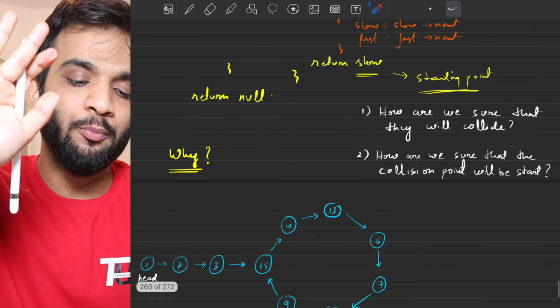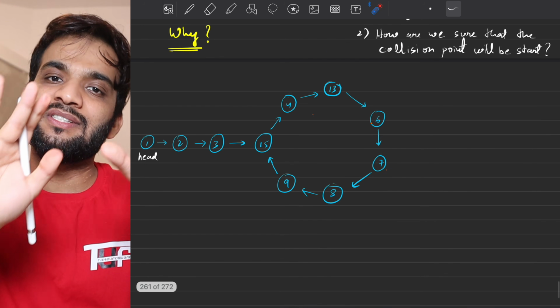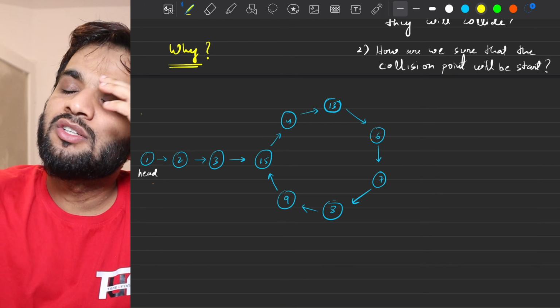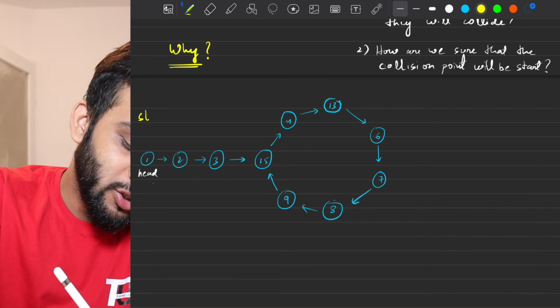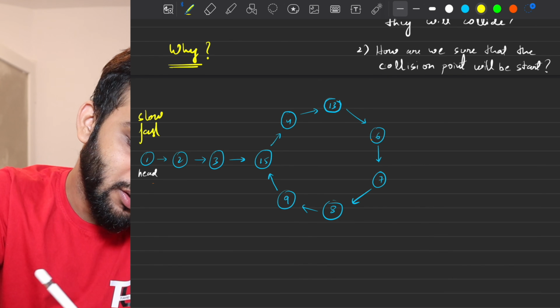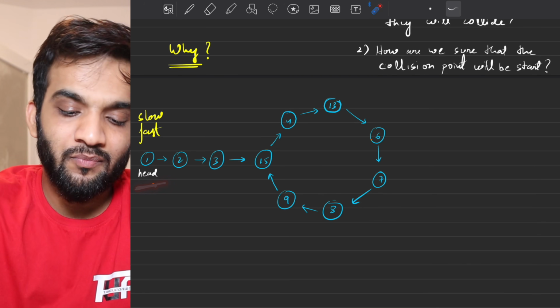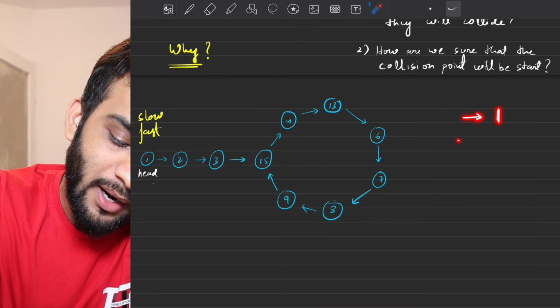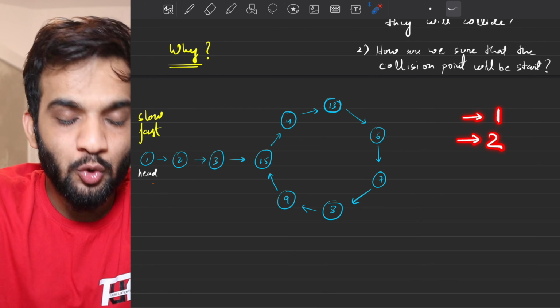So let's try to prove it. I'm assuming that you have seen the intuition of detection of a loop, so you know that concept, right? So what did we do in step 1? We took the slow and the fast pointer and placed them at the head. And then according to the tortoise and the hare algorithm, slow moved by 1 and the fast moved by 2 steps.